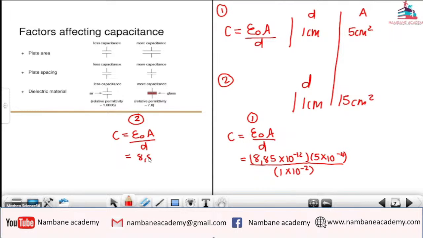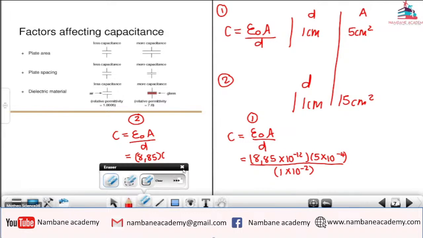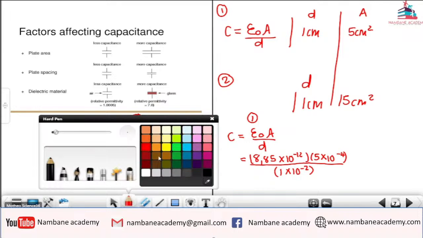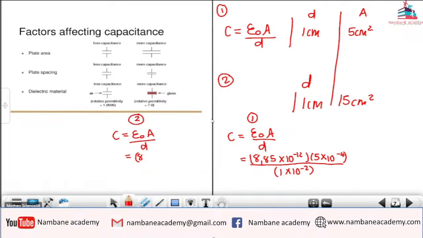So permittivity of free space (8.85 times 10 to the power negative 12), 50 times 10 to the power negative 4 divided by 1.